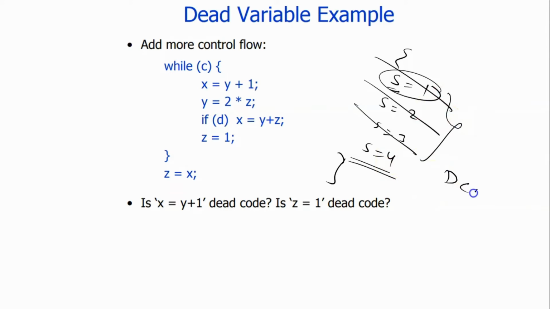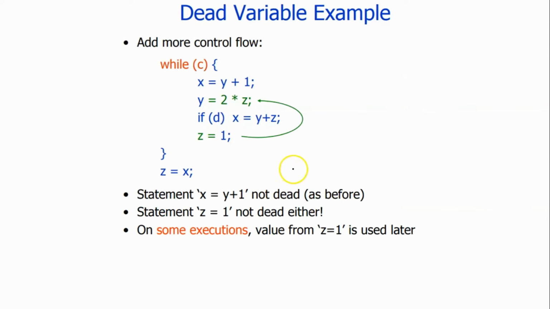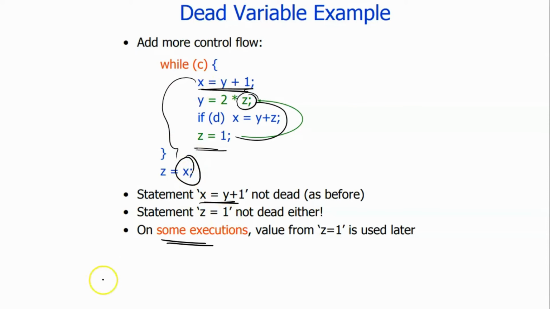This was our dead code elimination. Here, on some execution, this z equal to 1 might be used here. Similarly, x equal to y plus 1 is also not dead, because on some execution you might be using it here.